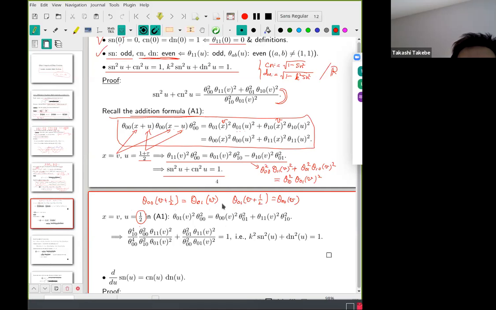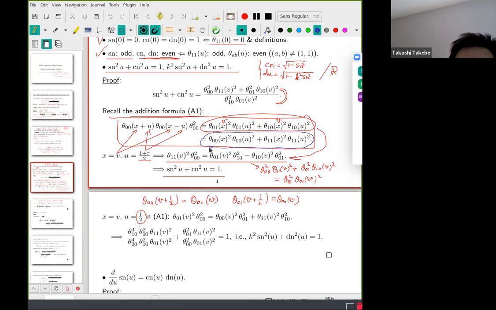So we have here theta 0, 0, etc. And sorry, in this case, we use this one. So from this, we get this one.